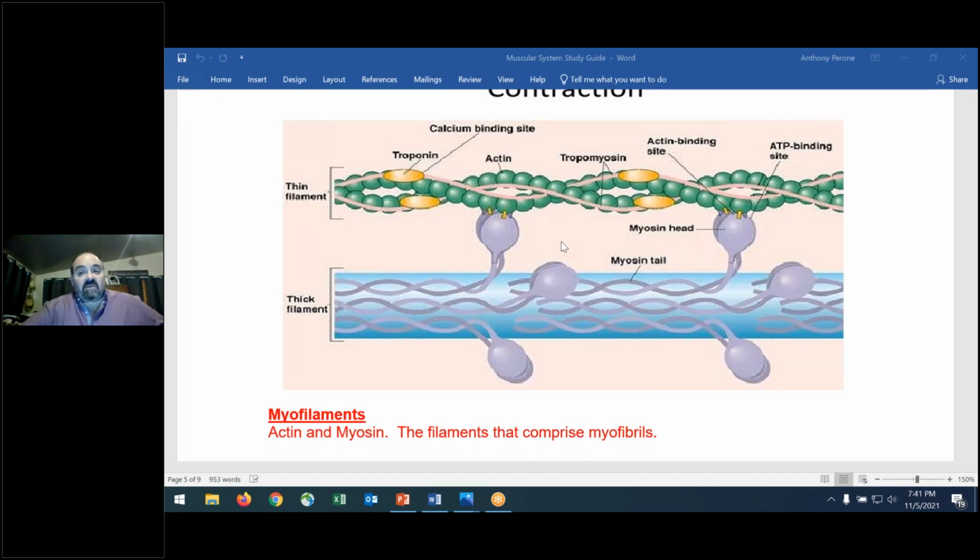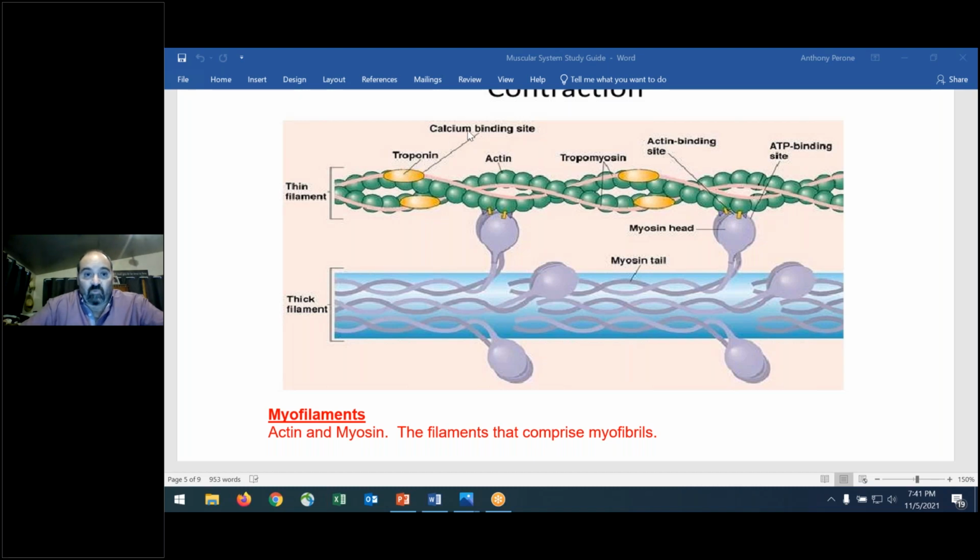All right? Now, do you recall what allows this tropomyosin, this line here, to move out of position? Well, troponin needs to interact with calcium. So there's a calcium binding site on troponin.